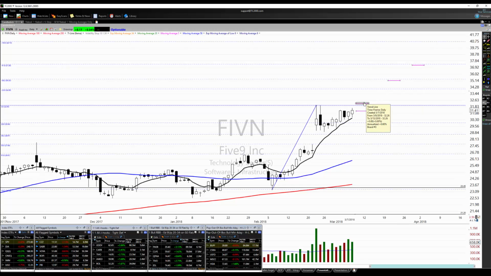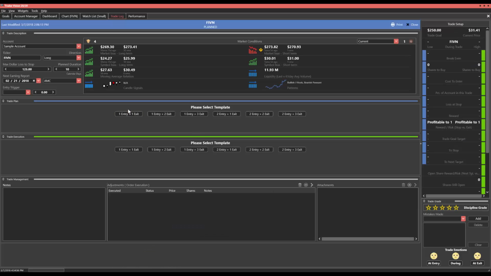I'm just looking at these so I don't forget the numbers. $31.30, let's call it. Okay, let's drop back to Trader Vision.